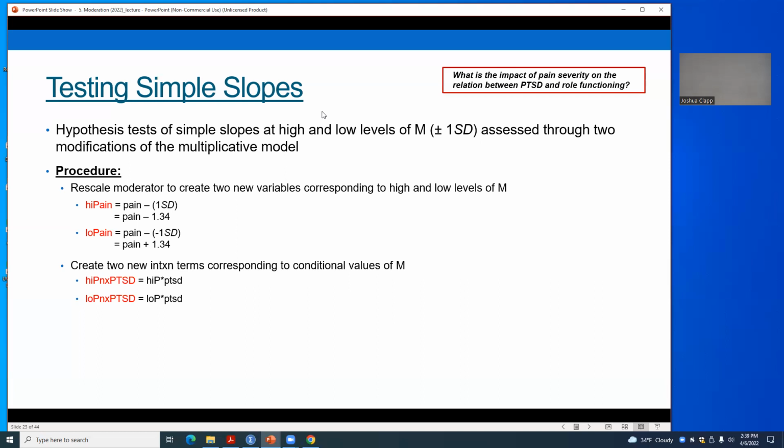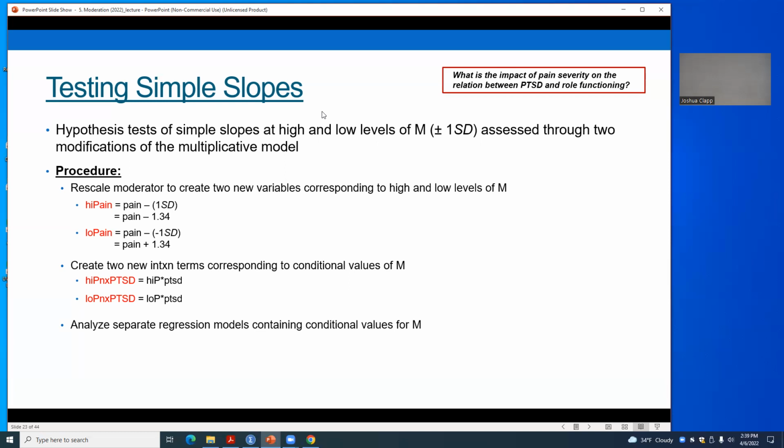In your original model where you had pain, you're just going to rerun the same thing, substituting high pain for pain in the high pain model, and low pain for pain in the low pain model. Then you run new regression models with those substituted variables.